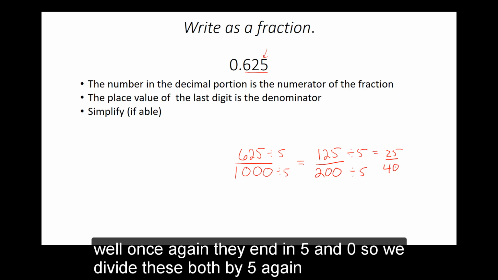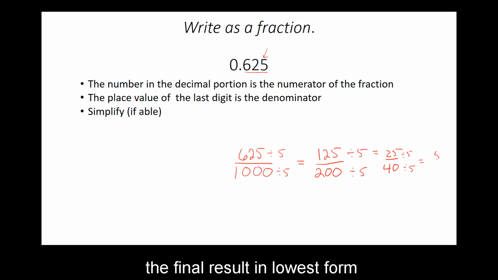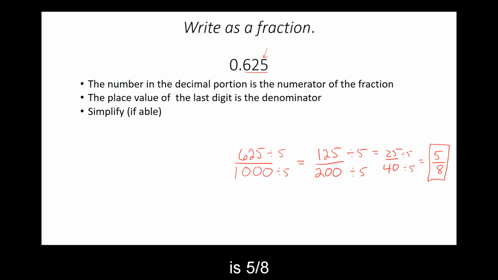Well, once again, they end in 5 and 0, so we divide these both by 5 again. And then the final result, 25 divided by 5 is 5, 40 divided by 5 is 8. So the fraction in lowest form would be 5 over 8.